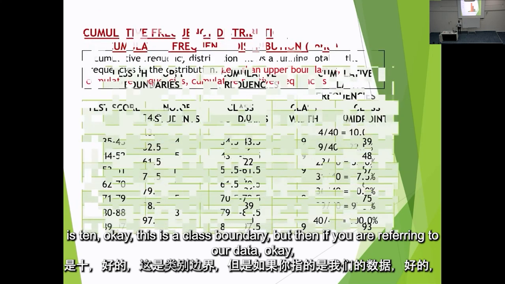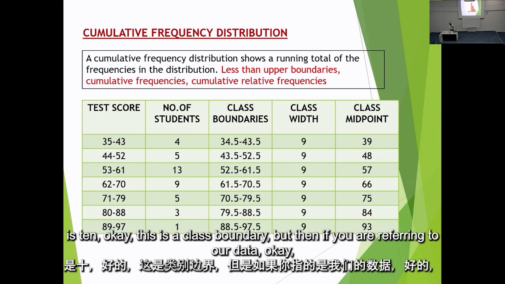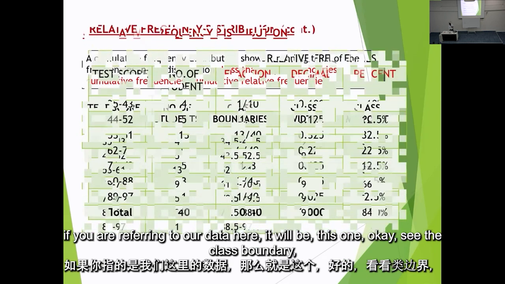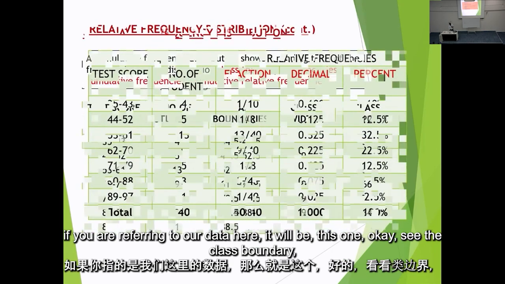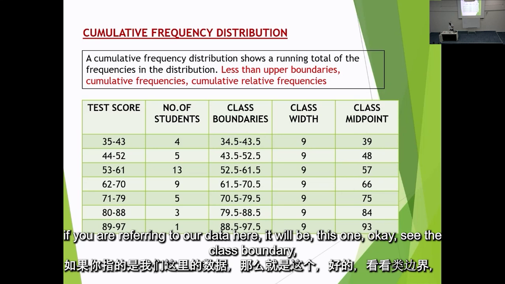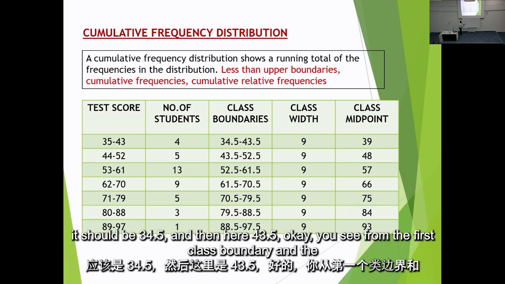But if you refer to our data here, the class boundary should be 34.5 and then here 43.5.